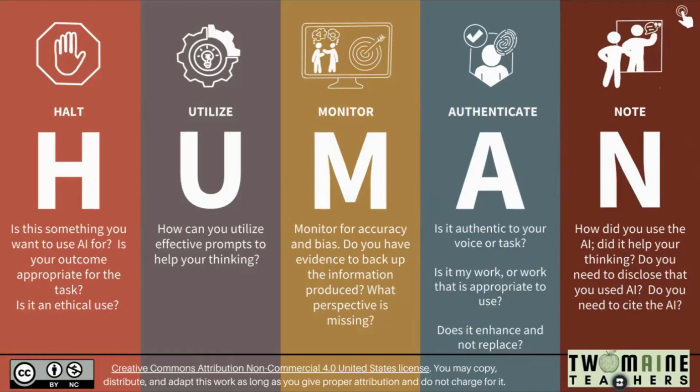U stands for utilize, where you're utilizing prompts or tools to be effective, not just having it do it for you as prompt and paste, but really thinking about it as something that you're collaborating with to get the best output. You're not using it to replace you, but to enhance. M stands for monitor.